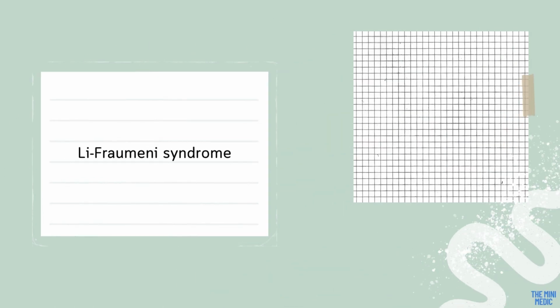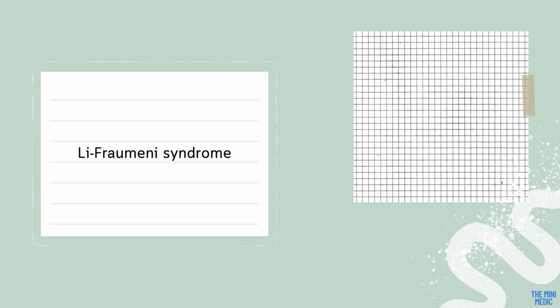Now, one important clinically relevant point that we have not yet discussed is Li-Fraumeni syndrome, which is a rare inherited genetic condition resulting in a mutation in the TP53 gene, which codes for the p53 protein. And nearly all individuals with Li-Fraumeni eventually end up developing some form of cancer throughout their life, which is a further demonstration of the tumor suppressing function of p53.